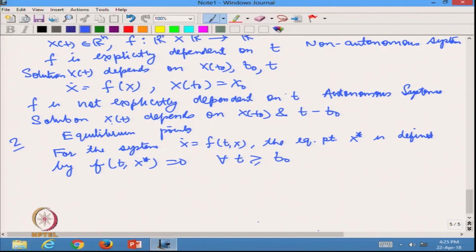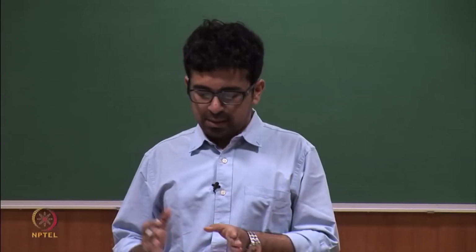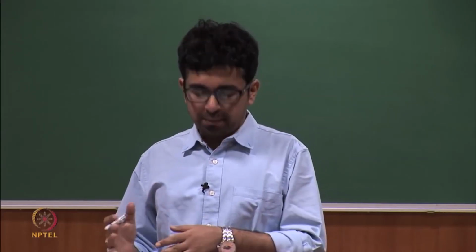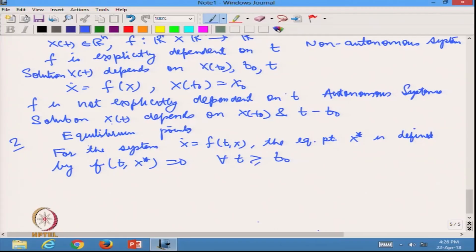It just means that if the system solution or the system trajectory is at the equilibrium point, then it stays there for all time, because at x equals x star, the right hand side of this differential equation is 0, which means that x dot is equal to 0, which means that if you are at x equal to x star, you would remain there for all future time. So, that is the definition of an equilibrium point.